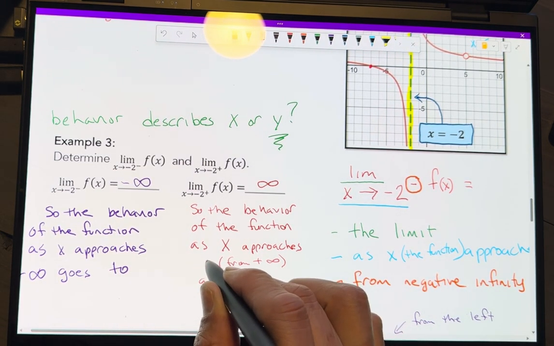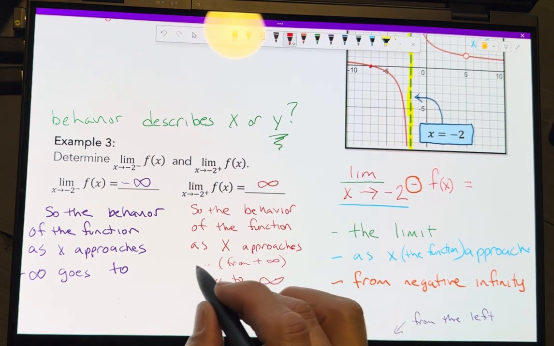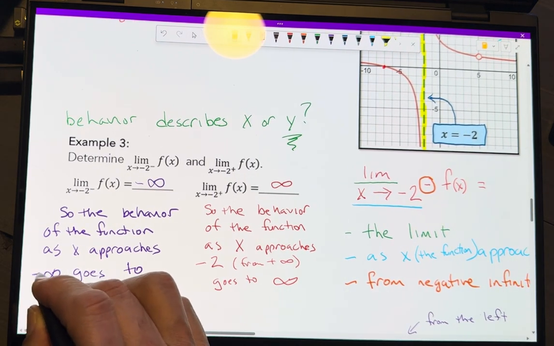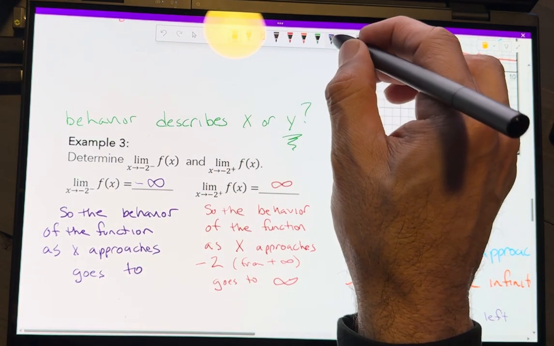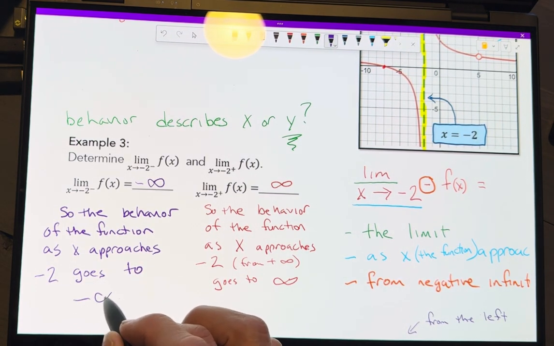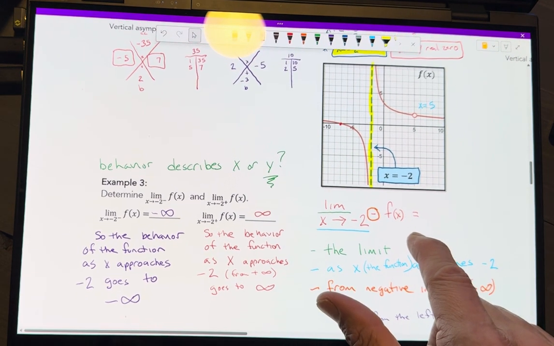Sorry, goes to infinity as x approaches -2. So let me fix this over here, -2. As x approaches -2 from the left, it goes to negative infinity. So zoom out so you can see that.